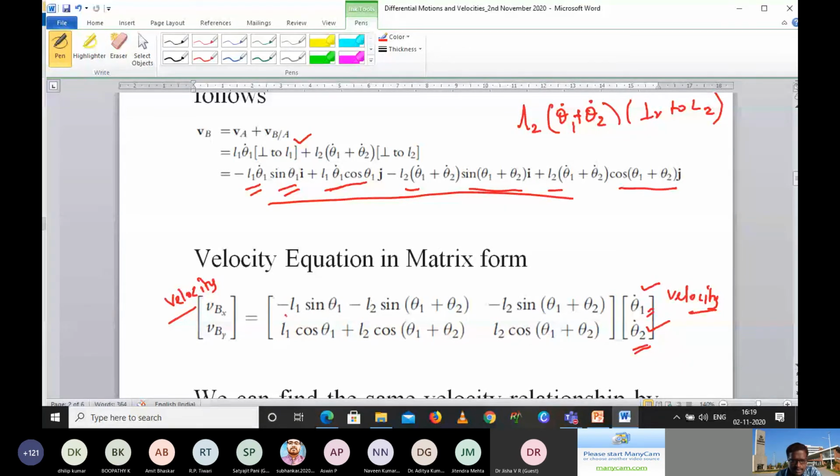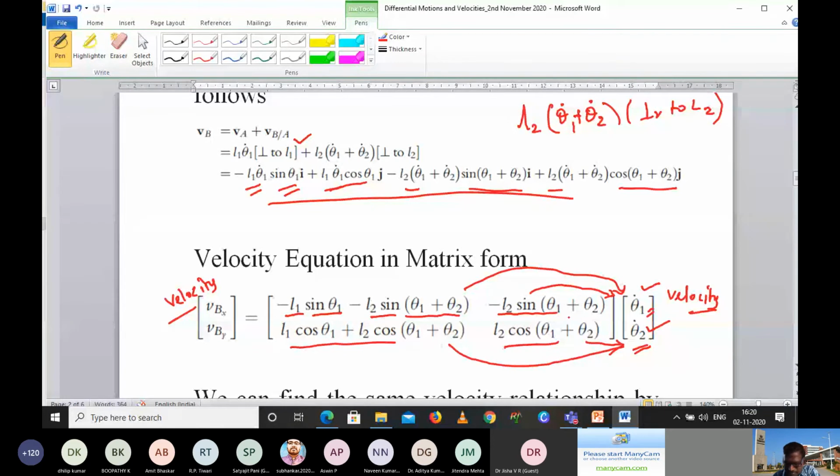You know that minus L1 sine theta 1 is here, and minus L2 sine of theta 1 plus theta 2 is here. If you multiply this particular term, you will get this equation. Similarly, if you multiply this one and this one, you will get the other equation. Any doubt in these parameters? Are you having any doubt in how to write the equation in matrix form? No, sir. Okay, fine. That's simple because you are already working on that.